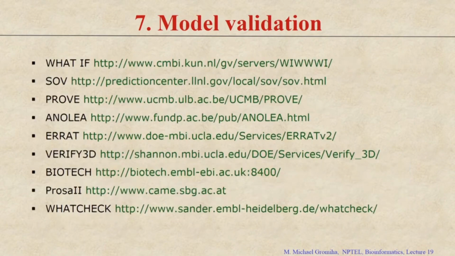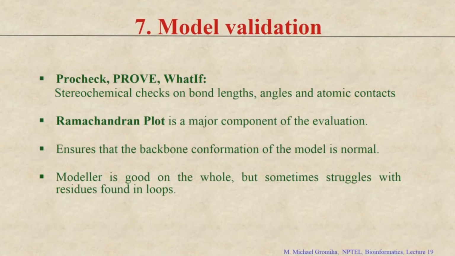There are various methods available in the literature to validate whether your model is correct, based on stereochemical properties, based on energy, and based on experimental information. For example, ProCheck or WHAT IF will check the stereochemical conformations, for example bond length, bond angle, torsion angles, and the atomic contacts, whether there are proper contacts between different amino acids or not.